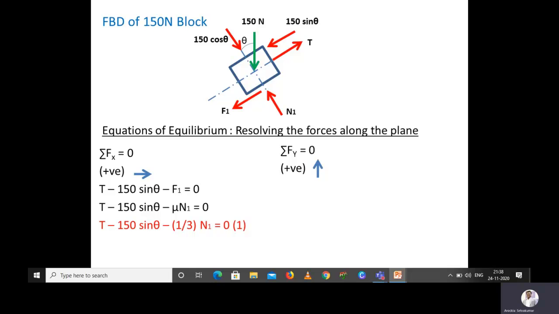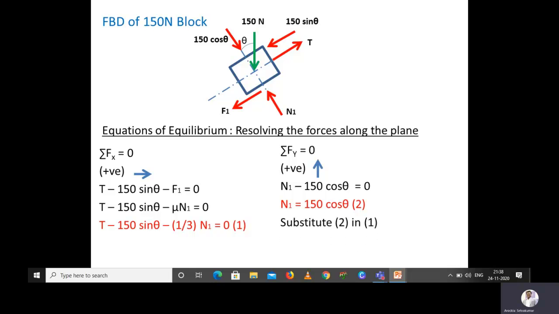N1 acts up with respect to the inclined plane and 150 cos theta acts down. So N1 minus 150 cos theta is equal to 0, because we have taken upward as positive. So N1 is equal to 150 cos theta. We take this as equation 2.